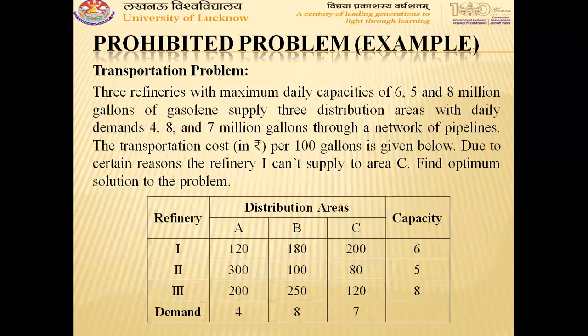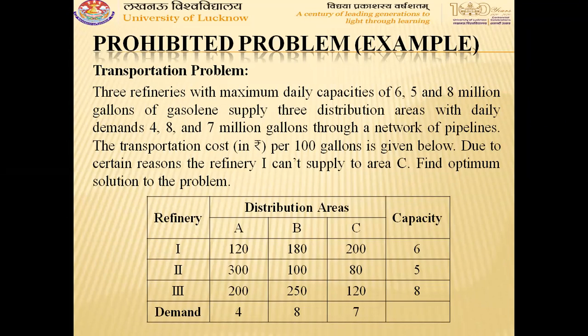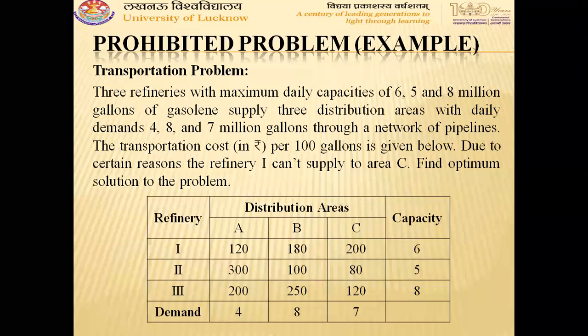For example, I have considered this example: three refineries with maximum daily capacities of 6, 5, and 8 million gallons of gasoline supply three distribution areas with daily demands of 4, 8, and 7 million gallons through a network of pipelines.